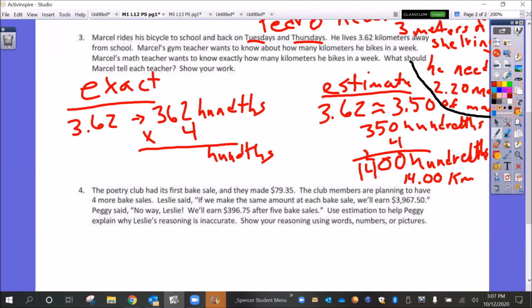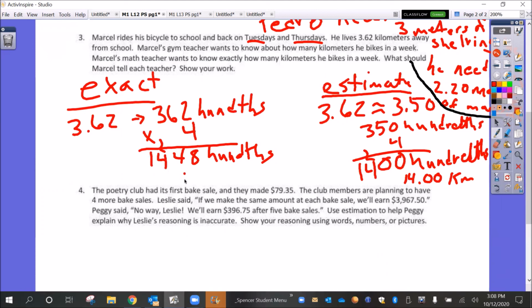Let's see the exact answer. Well, 4 times 2 is 8. 4 times 6 is, actually, before we finish solving, if the estimation is smaller than our real number, then the exact answer should actually be a little larger than 14 kilometers, and let's see what we get. 4 times 2 is 8, 4 times 6 is 24, so we regroup. 4 times 3 is 12, plus 2 more is 14.